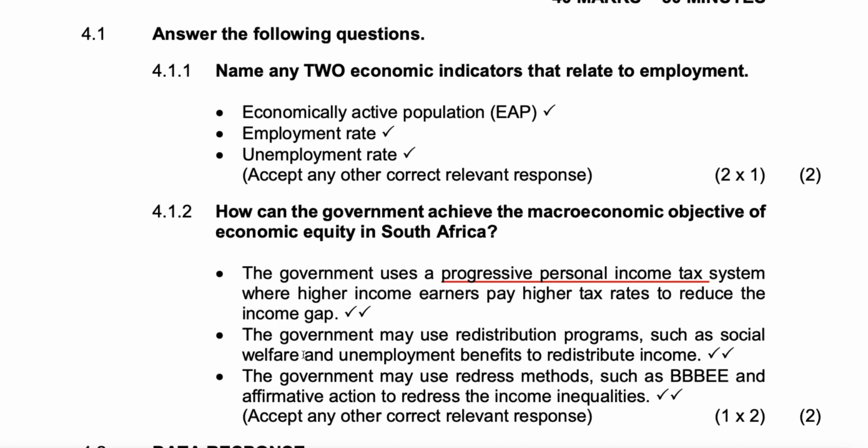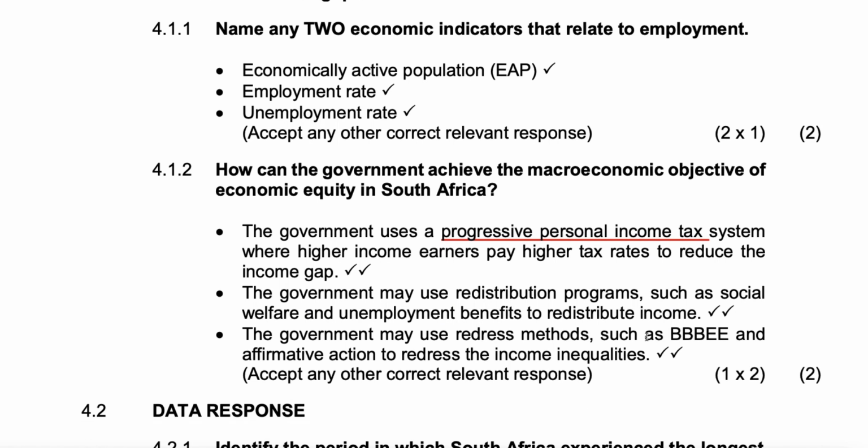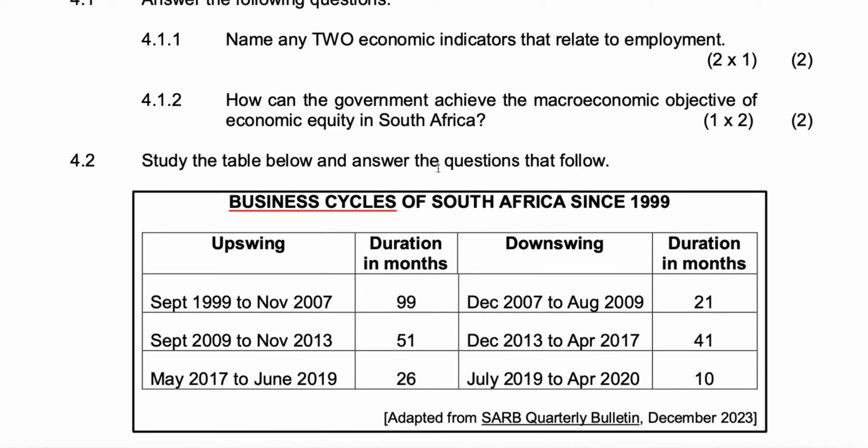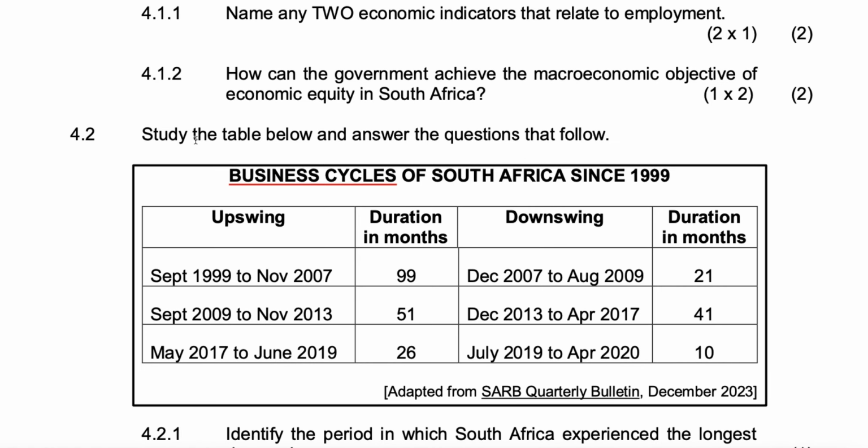Government can make use of redistribution programs such as social welfare, unemployment benefits, and redistribution of income through social grants and stuff. The government can use redress methods like the broad-based Black economic empowerment and affirmative action to redress the income inequalities, just like I said. Okay, so let's move on.